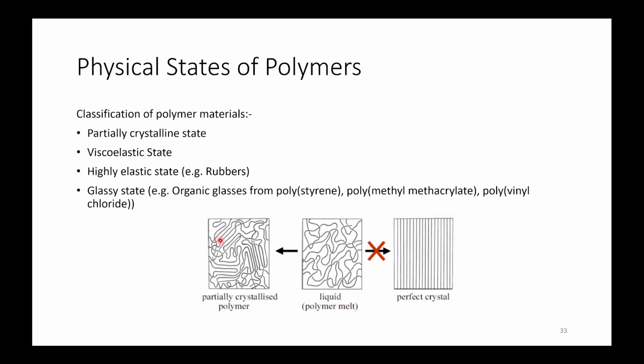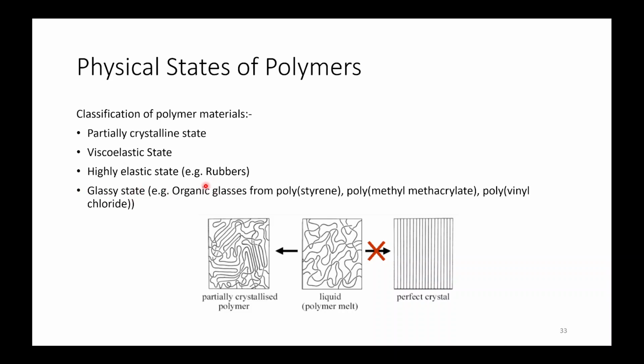Now, physical states of polymers. Classification of polymer materials: these can be partially crystalline, viscoelastic, or in a highly elastic state. Examples are rubbers. It can be a glassy state as well.